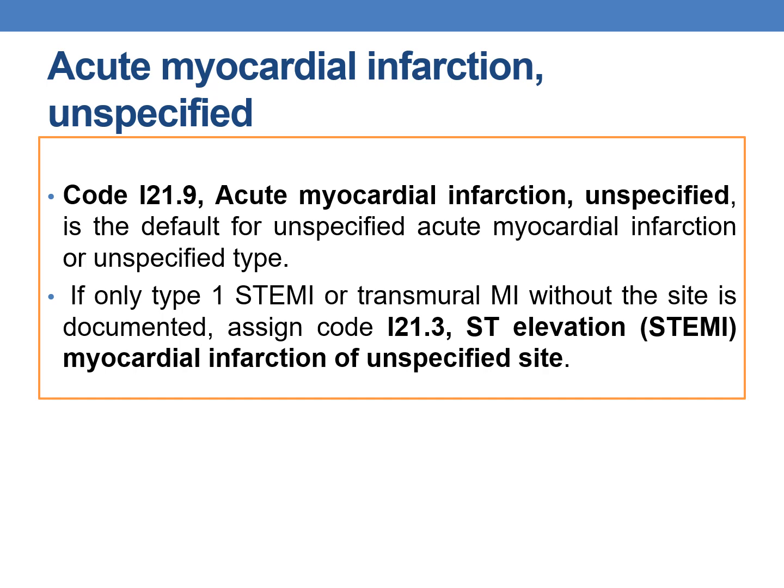And if only type 1 STEMI, that is only type 1 ST elevation myocardial infarction or transmural myocardial infarction without site is documented, then you need to code I21.3. For only type 1 ST elevation myocardial infarction or transmural myocardial infarction without the site documented, the unspecified site, the code is I21.3, ST elevation myocardial infarction of unspecified site. That is the NOS for type 1 STEMI or transmural myocardial infarction.